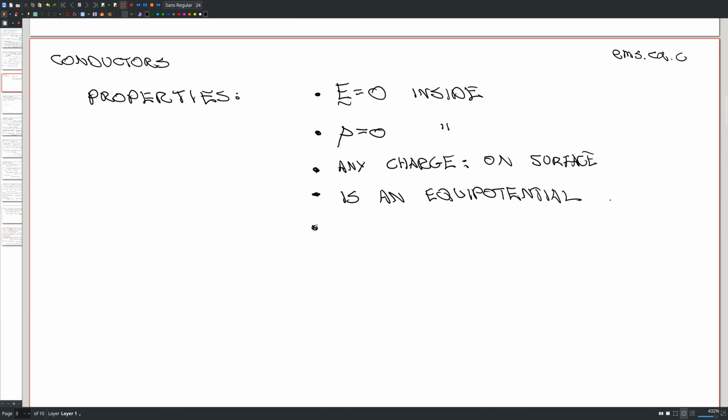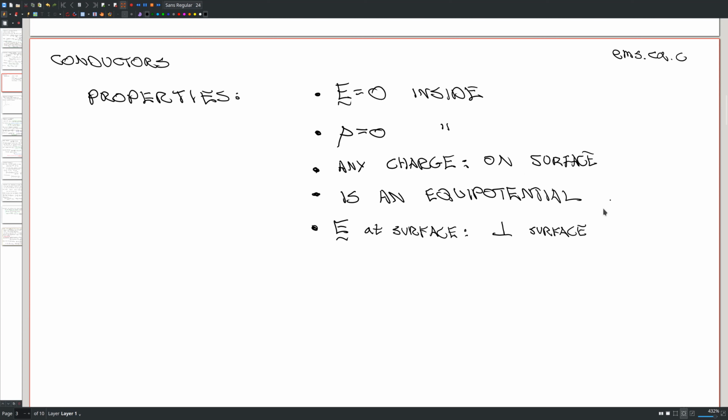And then the final thing you can write also is that E at the surface is perpendicular to the surface. Once again, in a sense, these are slightly tautological reasonings, because it's also a kind of consequence of all these facts, mostly that E is equal to zero.